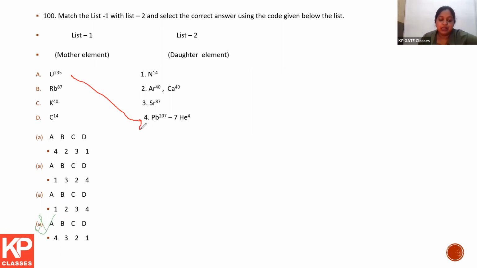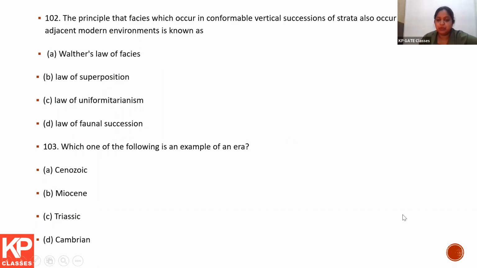Rubidium is strontium, potassium is argon, and calcium 40. Carbon 14 is nitrogen 14. So option D is the correct answer. That was an easy question from the geochemistry portion.